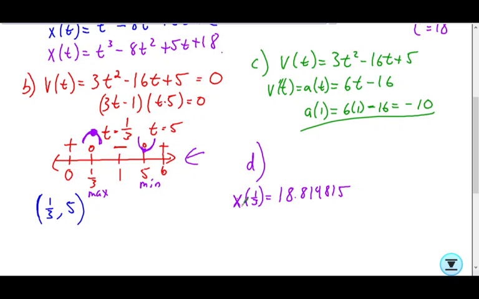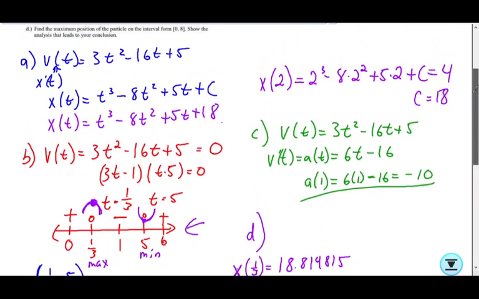But since we're on a closed interval, we also have to check our endpoints. So I have to check my position at 0, and I have to check my position at 8. When we plug in 0 into our function, we get 18. And when we plug in 8 into our function, we get 58.